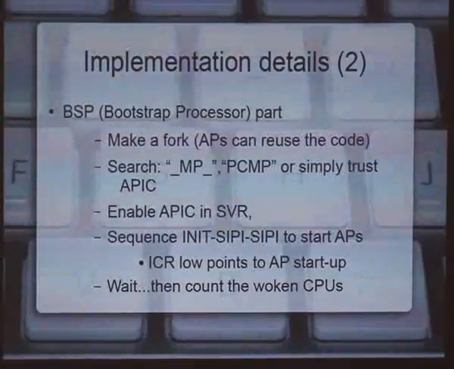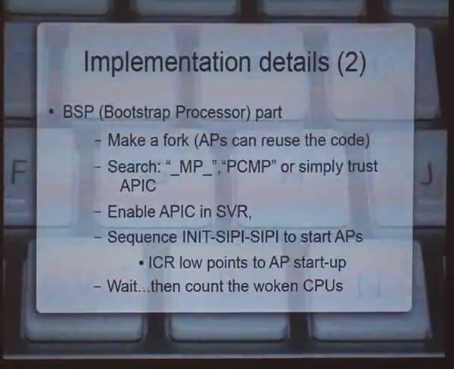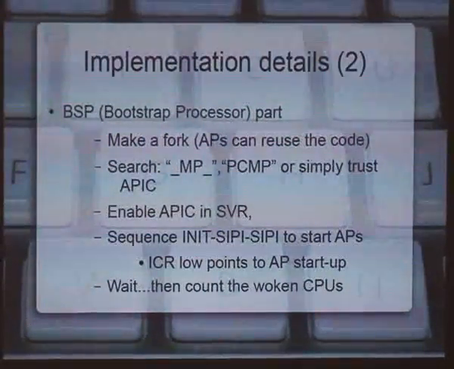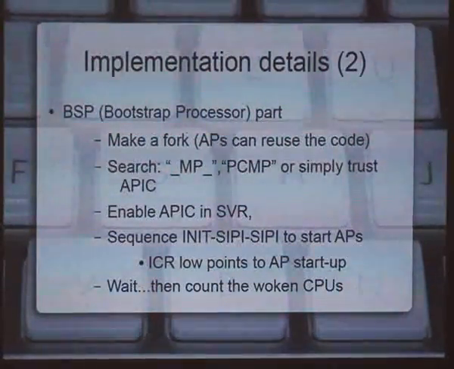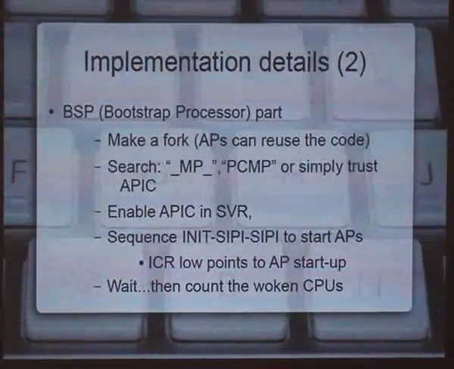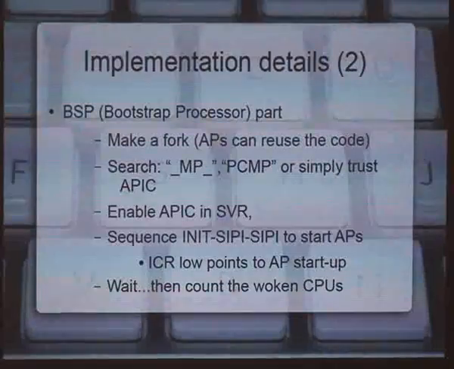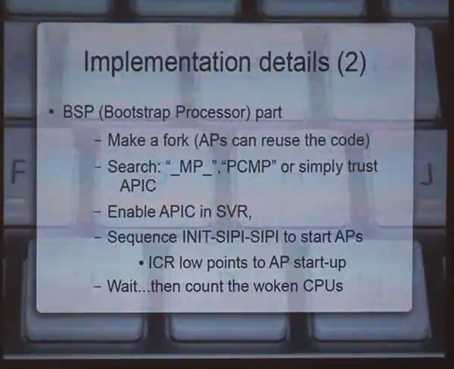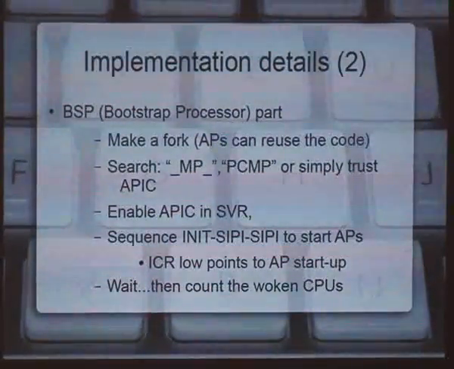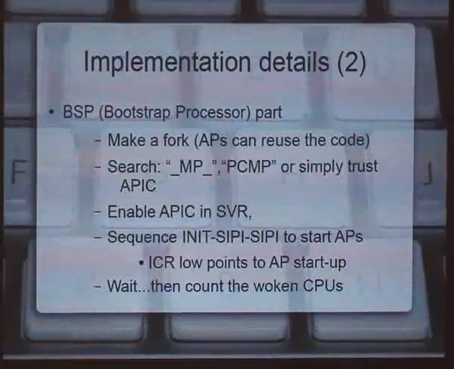ICR low is a two-part register, that's why I call them low and high. They're both 32-bit. The high bits are not used in this startup mode. In the high 32-bit part you can write the CPU that needs to get the interrupt delivered.